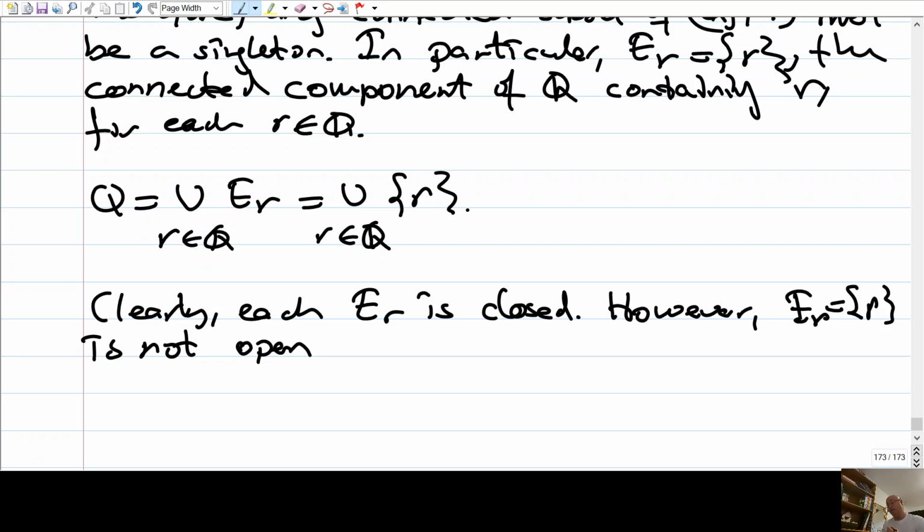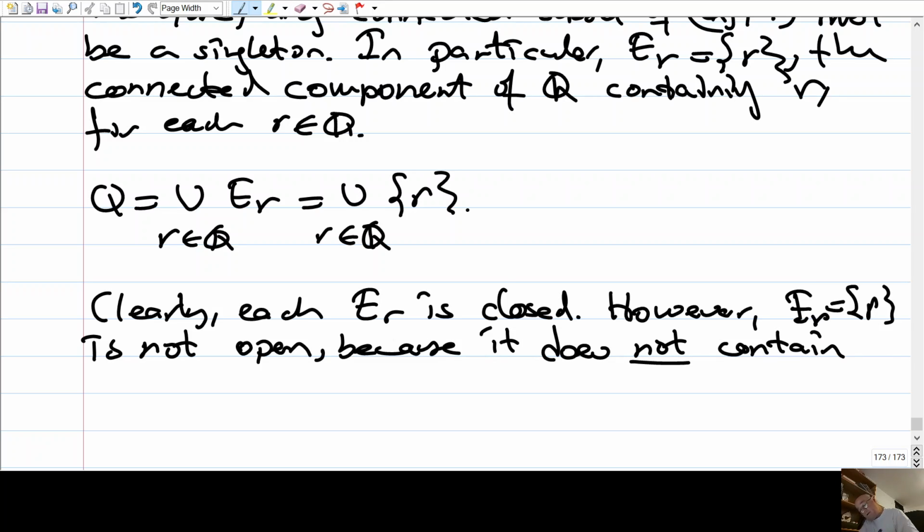But this is a singleton; it cannot contain any interval of rational numbers.